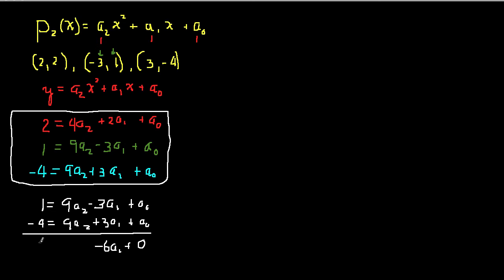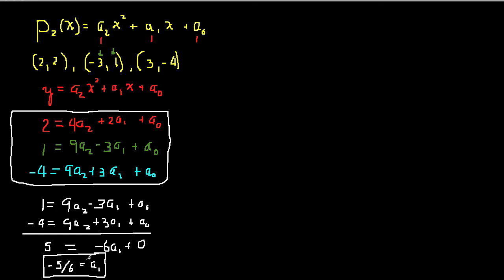And negative 4 subtracted from 1 gives me a 5. So I have 5 is equal to negative 6a1, or I divide both sides by 6 and I get negative 5 over 6 is equal to a1. So I've now solved for one of my constants right here.